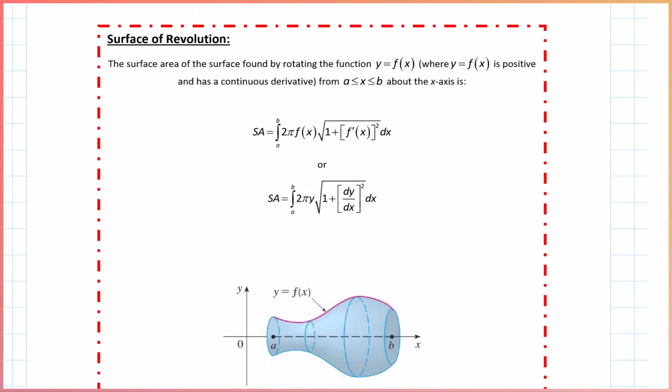So here is our formula for the surface area of a surface that is found by rotating a function y equals f of x, where f of x is positive and has a continuous derivative from a to b about the x-axis. So this is for a region that we've taken, bounded in the xy coordinate plane, and we've revolved it about the x-axis.